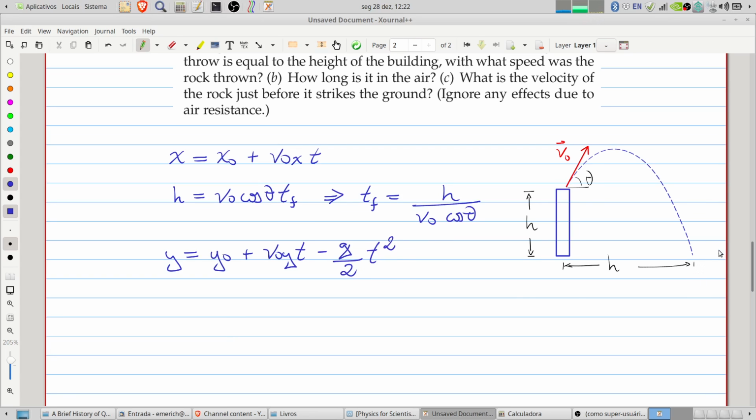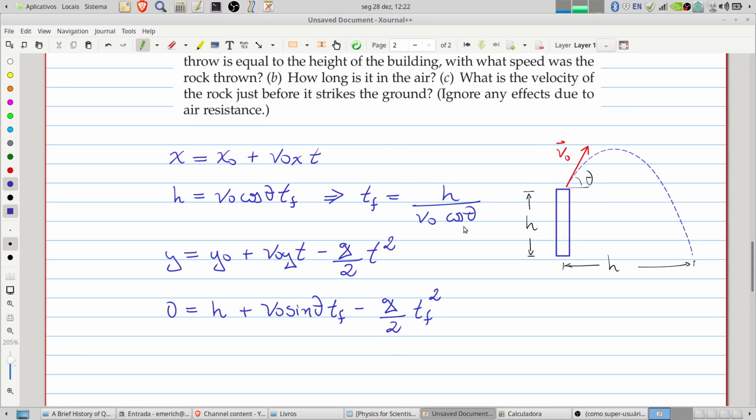And if you consider the final situation, the height will be 0 and the initial height will be h. Therefore, we can write 0 equals h plus v0 sine of theta multiplied by the total time, since we are considering the final situation, minus g divided by 2 multiplied by the total time squared.